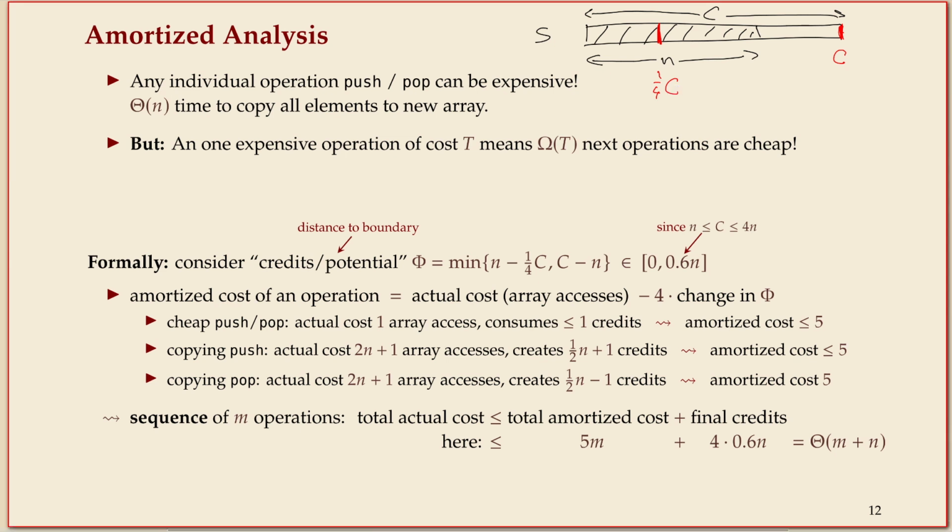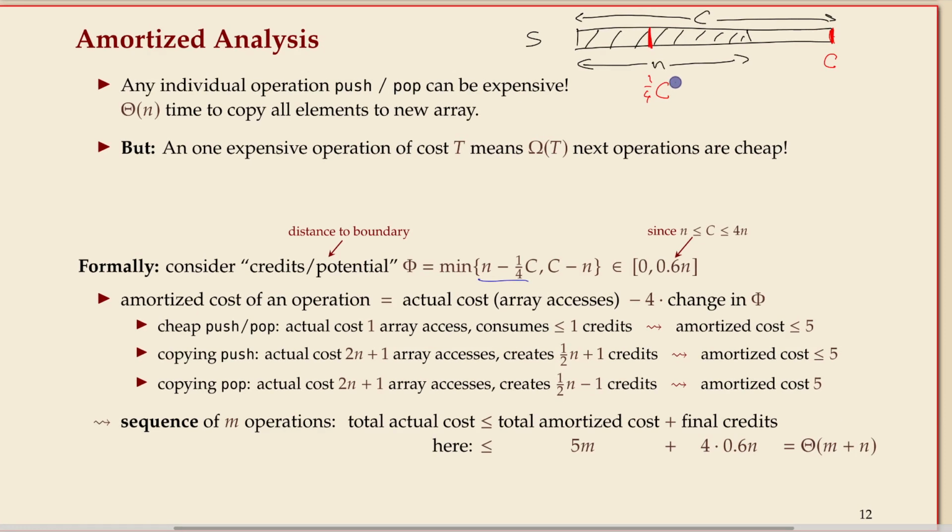So the intuition behind this potential is we take the distance from where we currently are to this one expensive point. That's n minus a quarter of C, right? And we have C minus n, that's the distance from the other end.